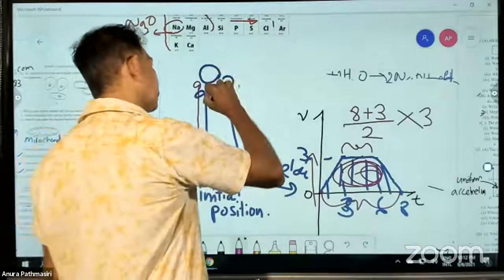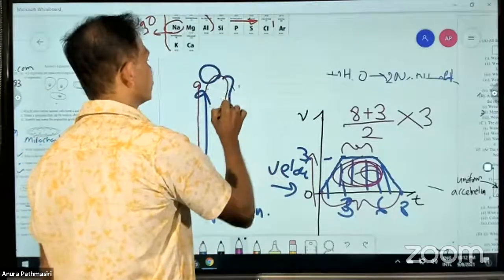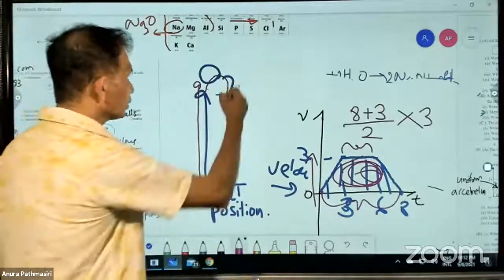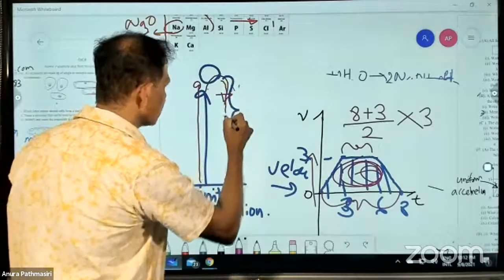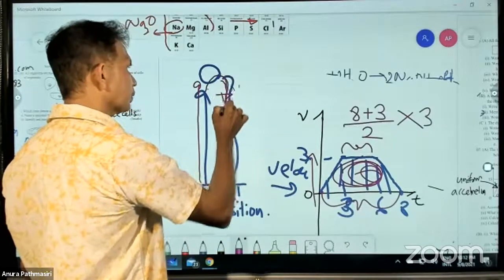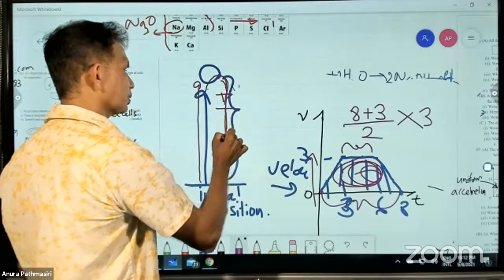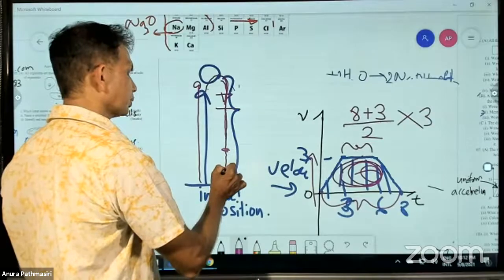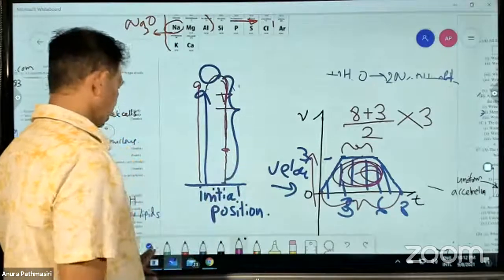In case it turns around, it gradually increases the velocity, and up to this point it increases velocity and continues with the same velocity, and then reduces the velocity and comes to 0.